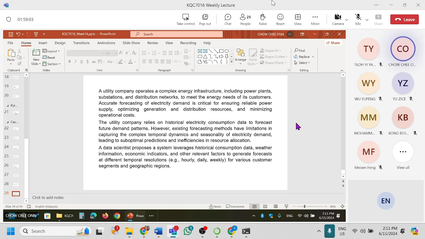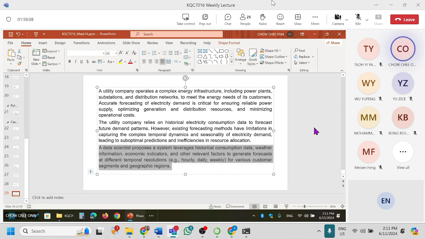Okay, so yeah, your data scientist propose a system, okay, leverage historical consumptions data, weather informations, economics indicator, and other relevant factor to generate forecasts at different temporal resolutions. This is quite challenging, hourly, daily, and weekly, okay, for various customers, segments, and geographic regions. So it's quite complex, these questions, okay?